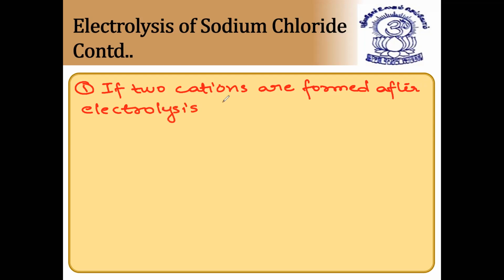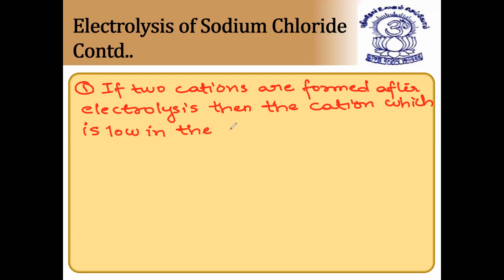Then the cation which is low in the electrochemical series, because they will not give EMF values. If they have given EMF values, easily you can compare and write, as in the previous case. Generally they will not give EMF values.